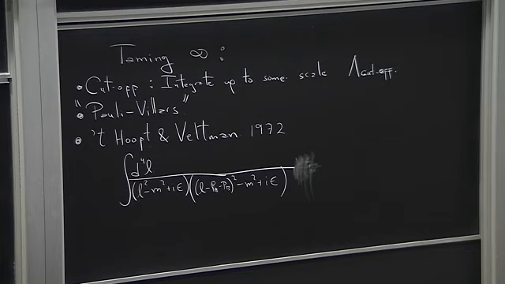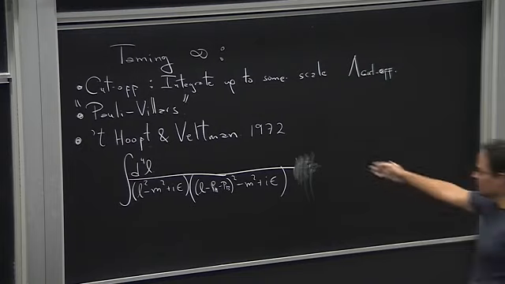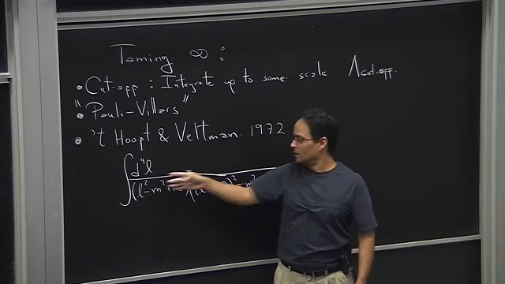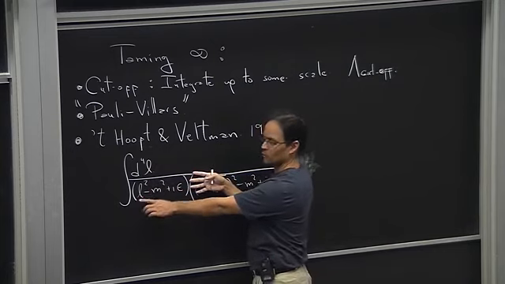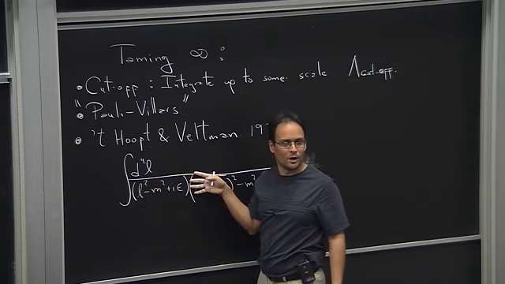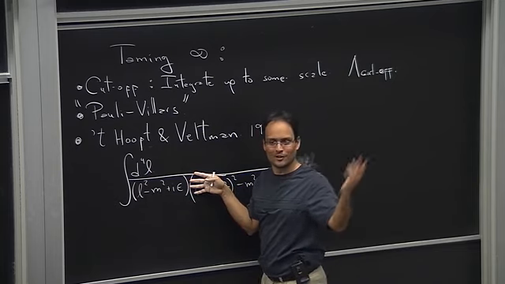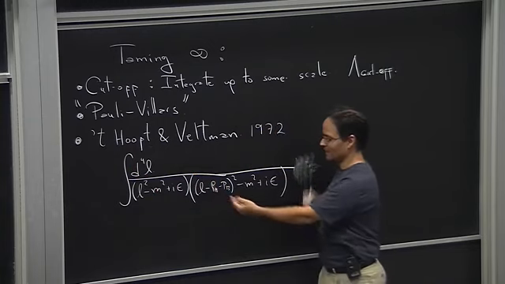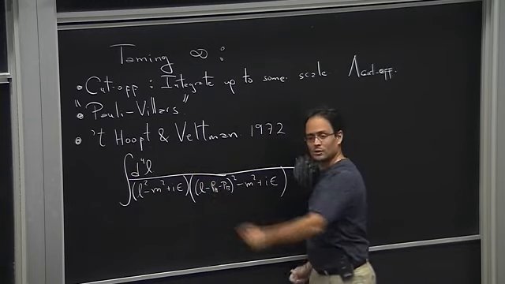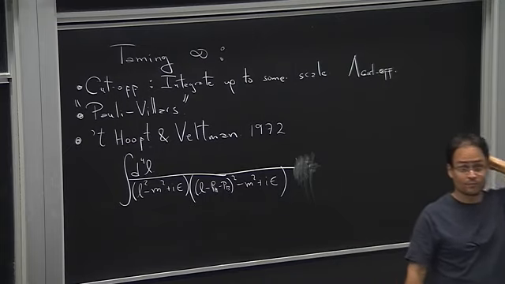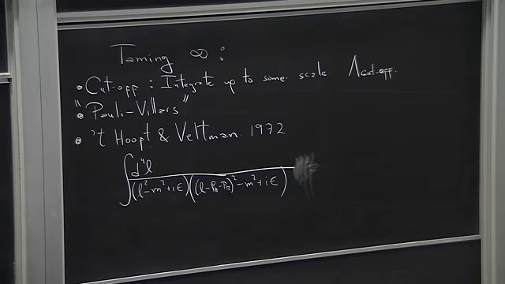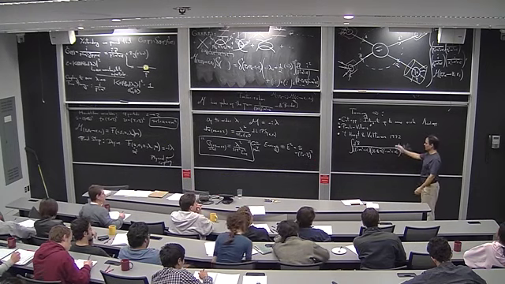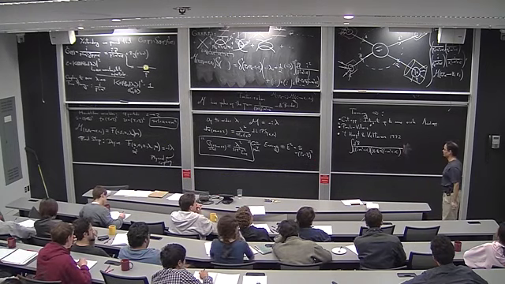Imagine it's a 4-dimensional integral. If this was the full answer, if this was all we had, it wouldn't be that bad, right? Because we can go to polar coordinates and do the calculation. But on top of that, we have this guy, and we have these guys here that mix with this, okay? So it looks very, very complicated. In fact, people suffered a lot to carry out things like this, never mind that they are infinity.